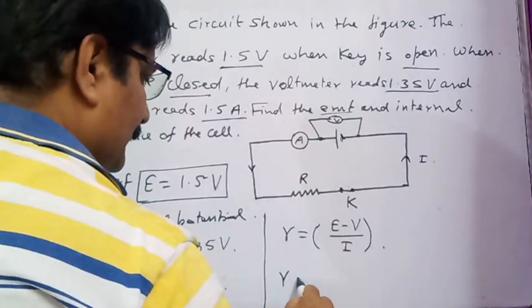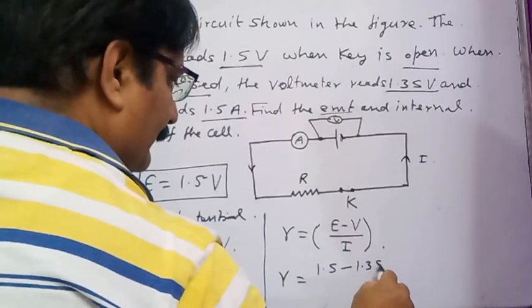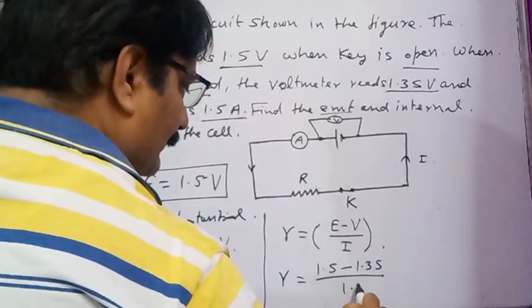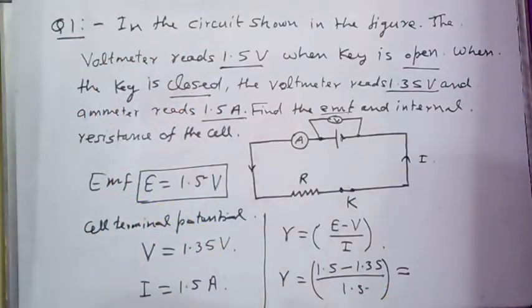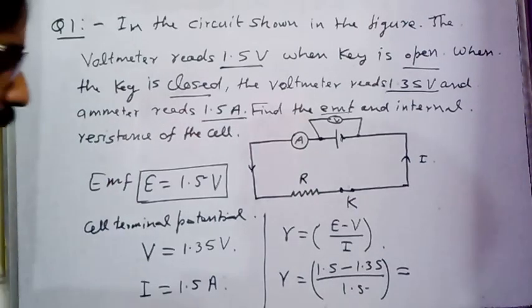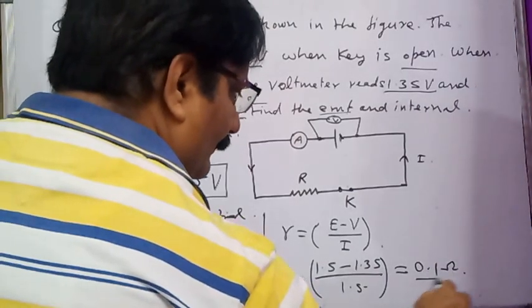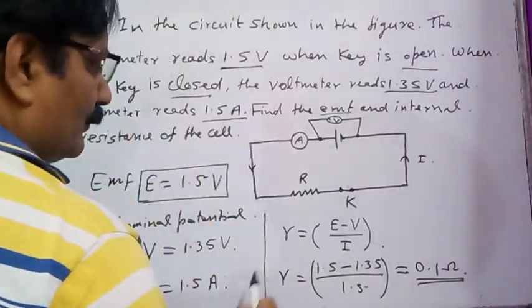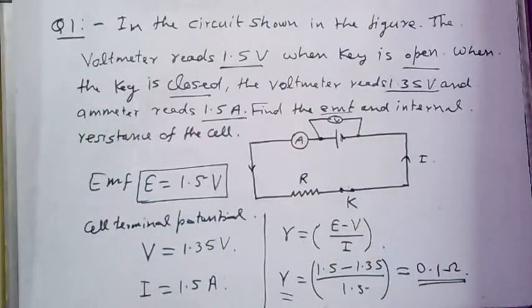So internal resistance of the cell is 1.5 volt minus 1.35 volt divided by current 1.5 ampere, and that equals 0.10 ohm. So internal resistance of the cell is 0.1 ohm. In this way, we can calculate the value of the internal resistance in this question.